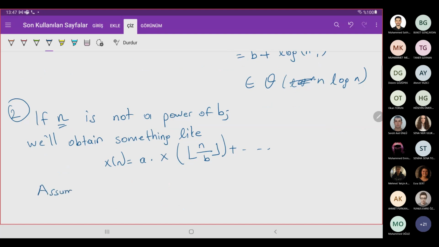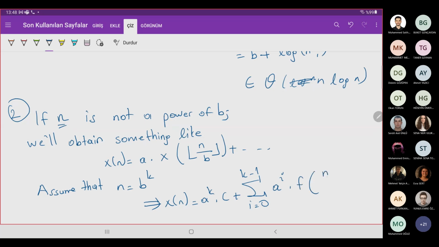So assume that n is b to the power k. If n is b to the power k, then x_n is equal to a to the power k times c plus summation i from 0 to k minus 1 of a to the power i times f of n over b to the power i.